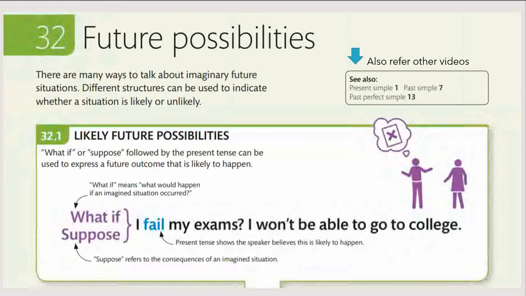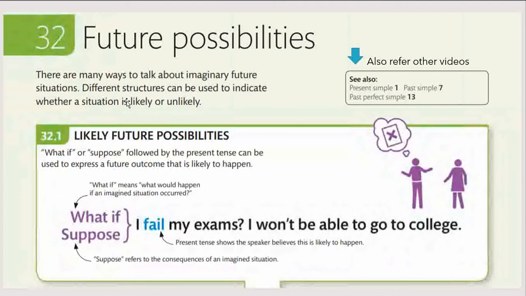Future possibilities. Now, first of all, let us understand what future possibilities are and how these sentences are different from conditionals. Conditionals use the word if, when, unless, etc. Whereas possibilities are when you use what if or suppose, you are pointing out imaginary future situations. There are many ways to talk about imaginary future situations.